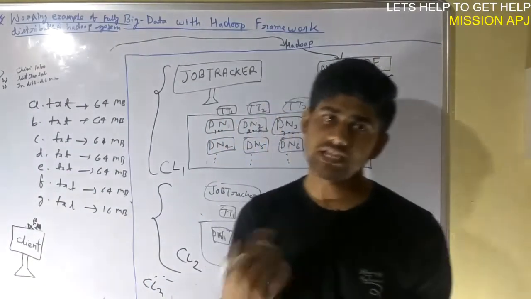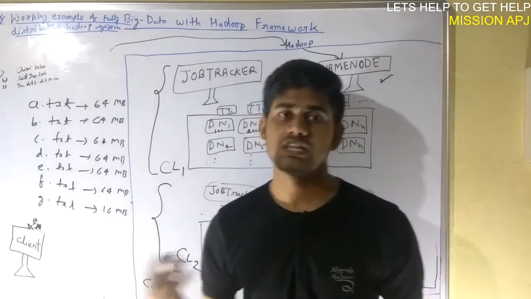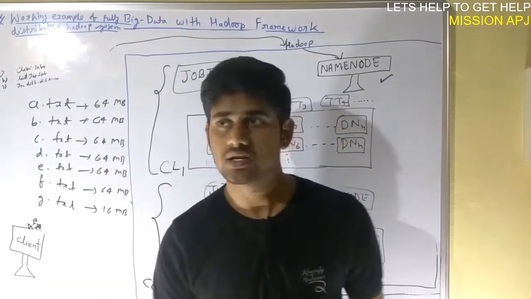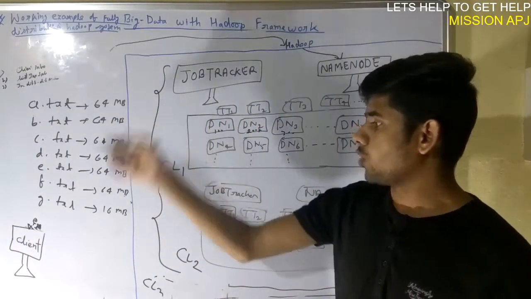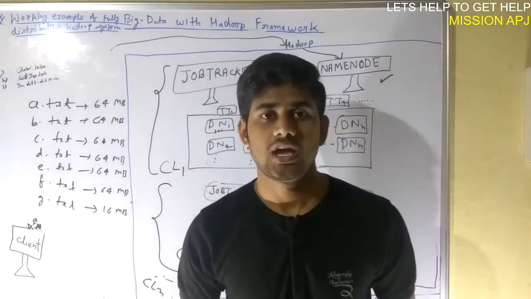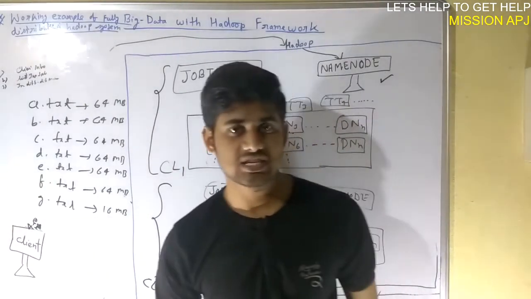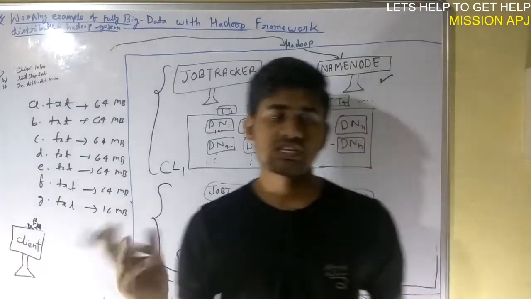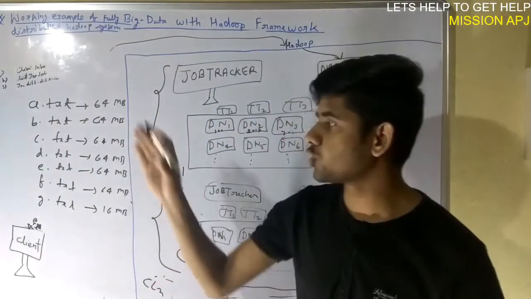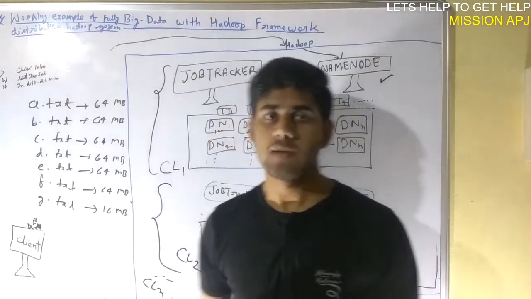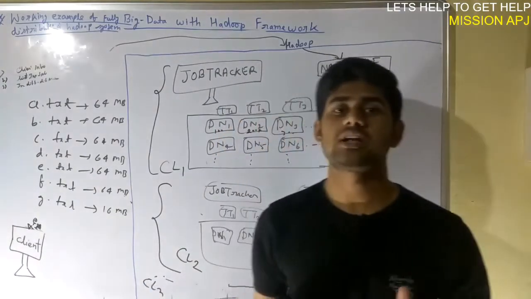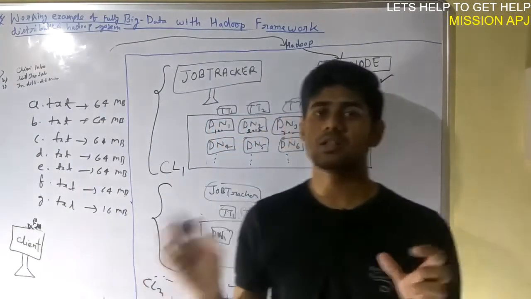The second reason that all files are not stored in a single data node is that processing the whole file in a single system will make it slower. So we need parallel processing so that processing can be faster, and that can be achieved by keeping the data in different data nodes, because on different data nodes different processes will work, and ultimately the results will be combined.